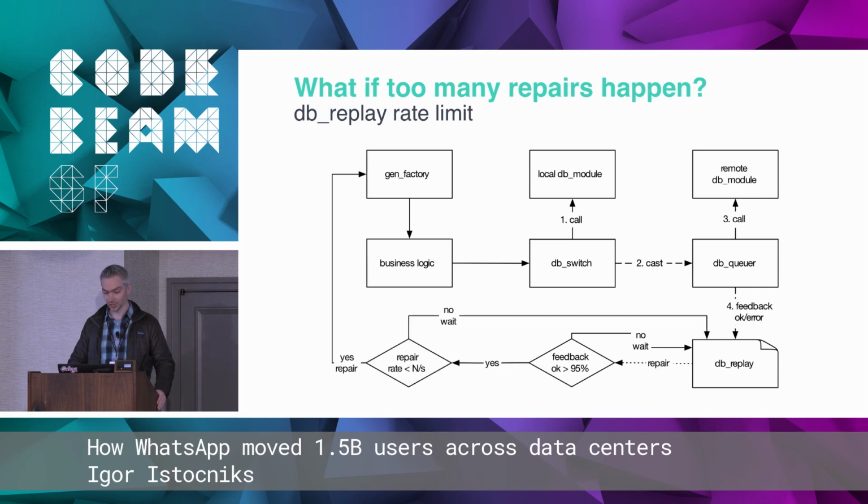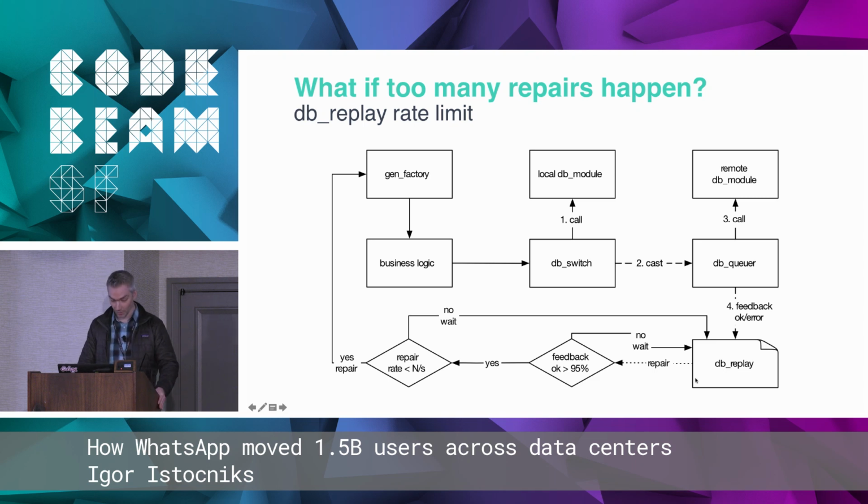In order to solve this, we introduced a rate limiting configuration, right? So before doing the repair, we checked, OK, what is the current repair rate in our system? If it's slow enough, then yeah, it's fine to repair the key. If not, let's probably wait a little bit more.